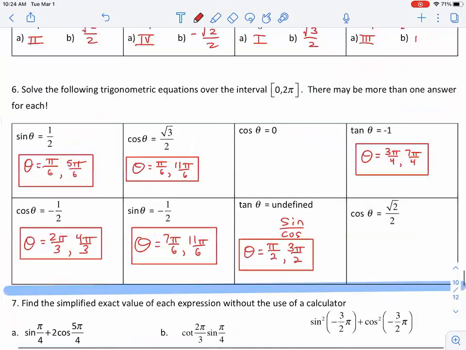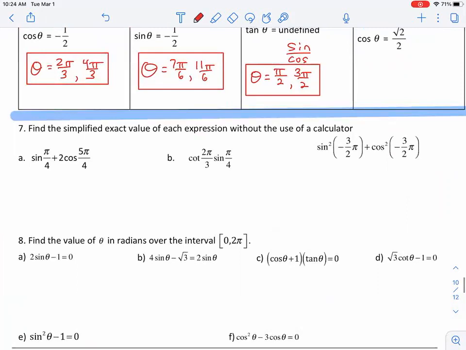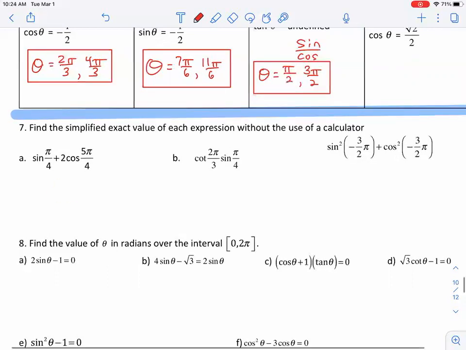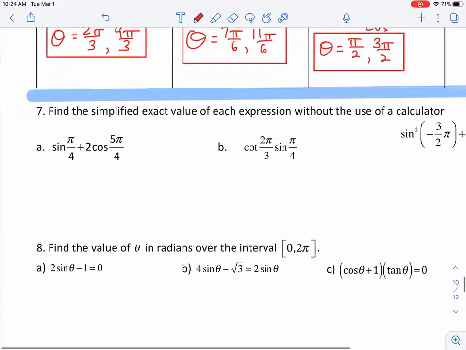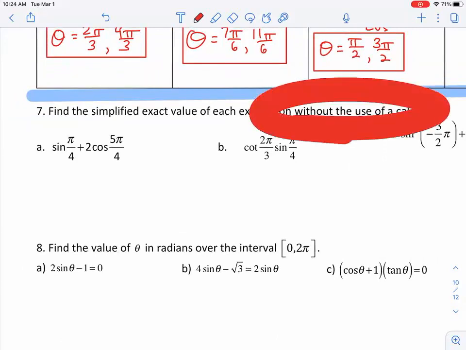But today we're going to take it one step further and do a little arithmetic and some equations with that stuff. So for example, in problem number 7, we want to find the exact value of the expression without the use of a calculator.